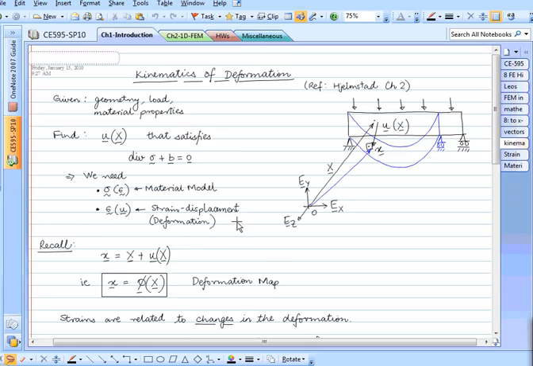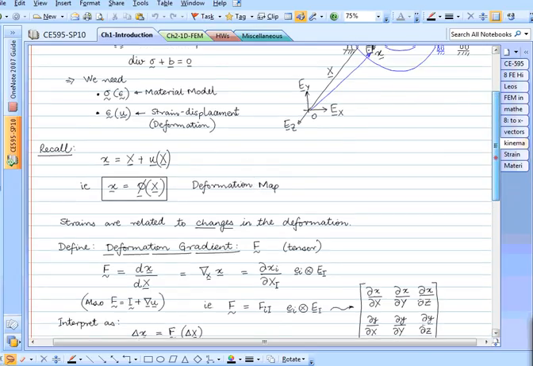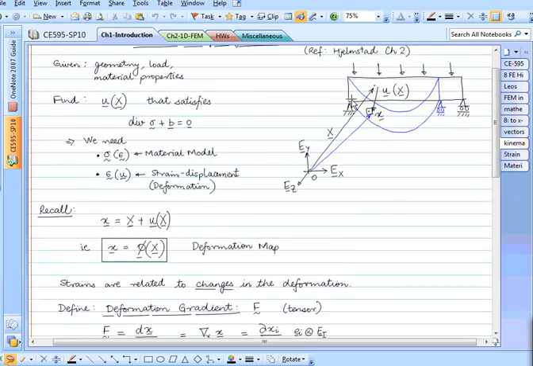So let's take a look at this relationship. How is strain related to displacement? The last time, I was telling you that if you are given the original configuration and you represent any point in it with this big vector X, and any point in the new configuration with this small vector x, then small x is equal to the big X, which is this vector, plus this vector.